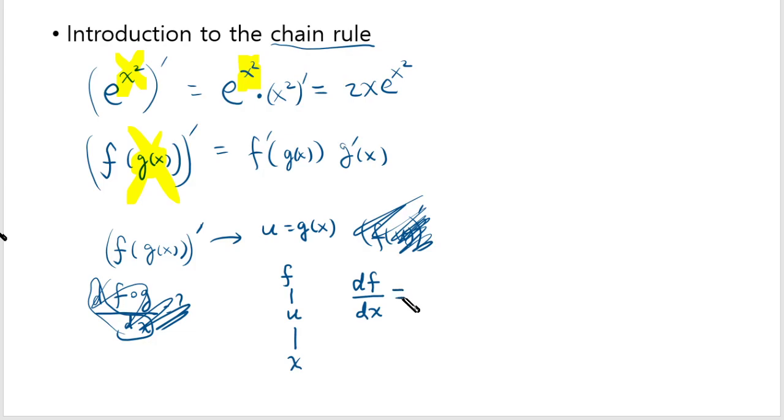Well, Leibniz says that's the same thing as df du times du dx. And that immediately makes sense, because what is this? That's like the limit of change of f over change of u. That's what this is. Okay? And this is the limit of change of u over change of x.